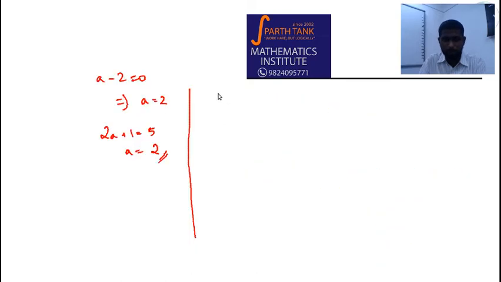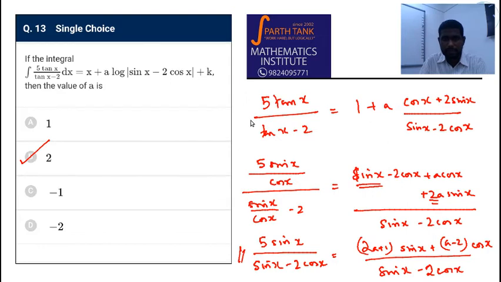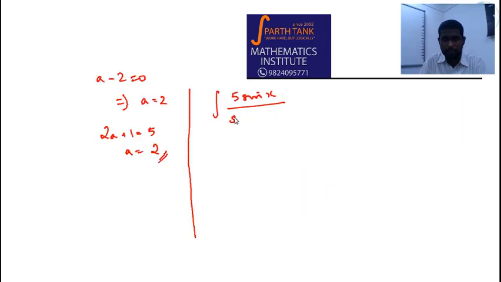The problem is over. So I have 5 sin x by sin x minus 2 cos x. So you take t as sin x minus 2 cos x, and you can write dt as cos x plus 2 sin x.